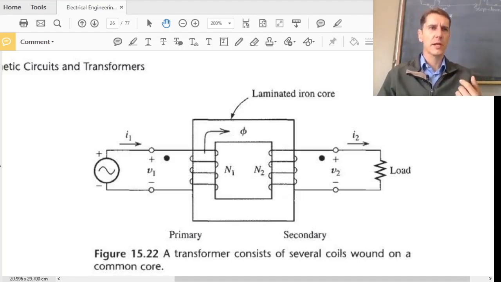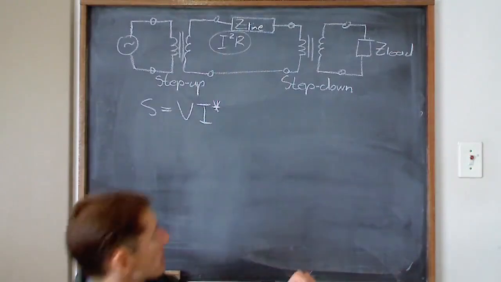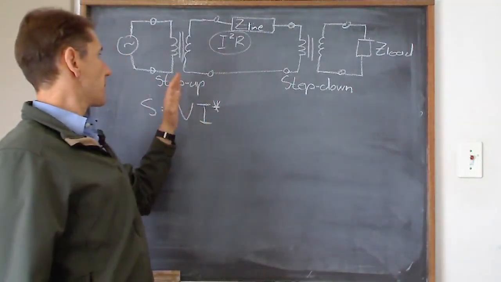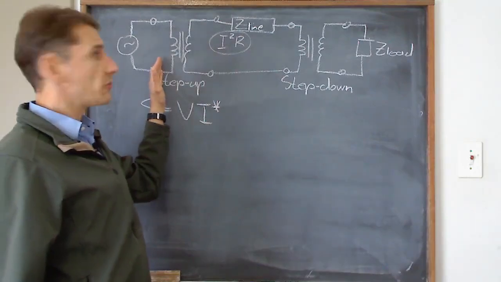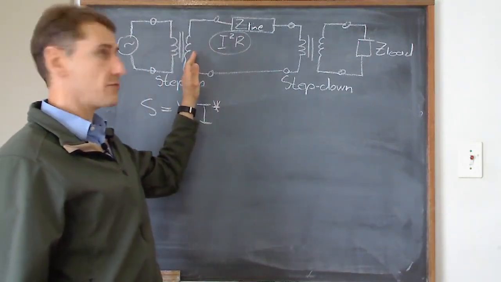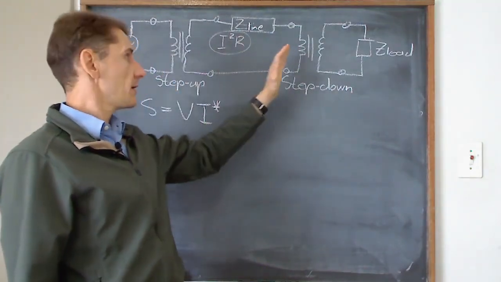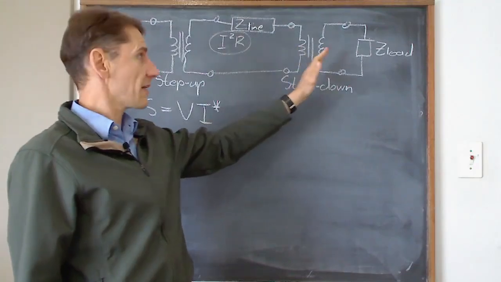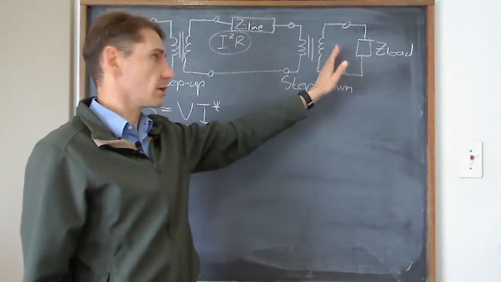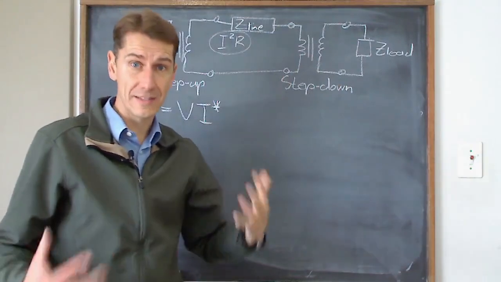So if you quickly go back to this board, this one is a step up. So primary will be low voltage, secondary will be high voltage. The step down side, the primary supply side, is going to be high voltage, and the secondary, which is load side, is going to be the low voltage. So it depends.